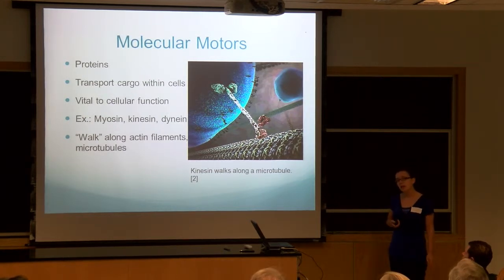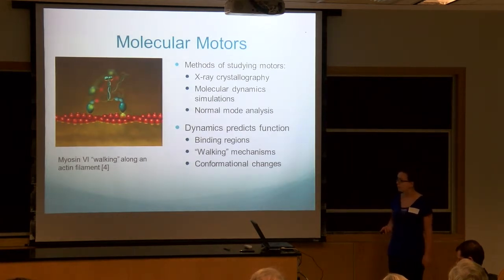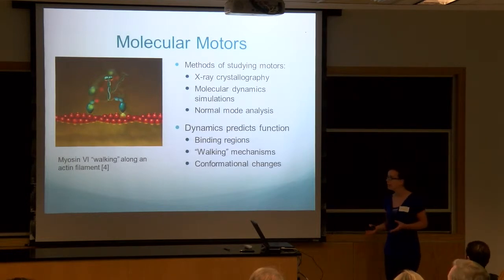The ones that we study in our lab especially are myosins. Some other examples are kinesins here and dynein. As I said, they walk along actin filaments and microtubules to perform functions. We can study them in several different ways. One is X-ray crystallography, an experimental method that looks at the structures and tries to identify where the amino acids are within the protein.